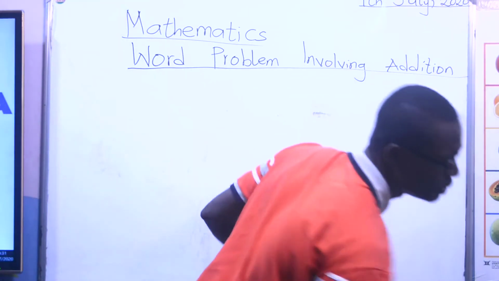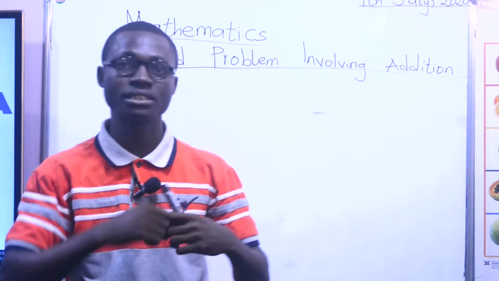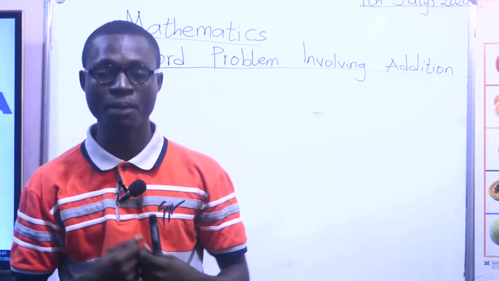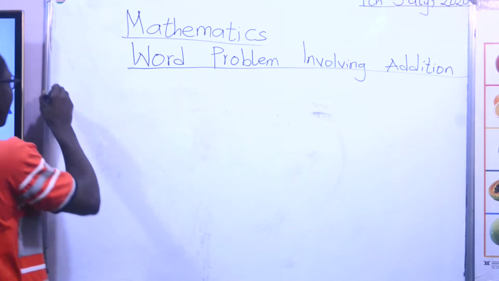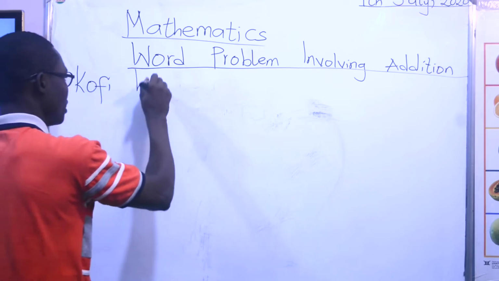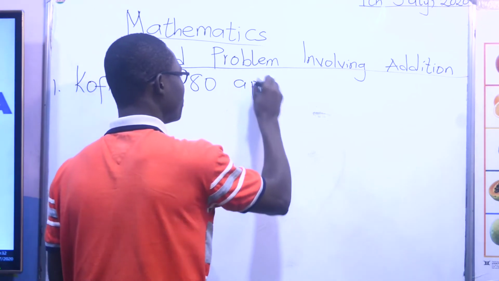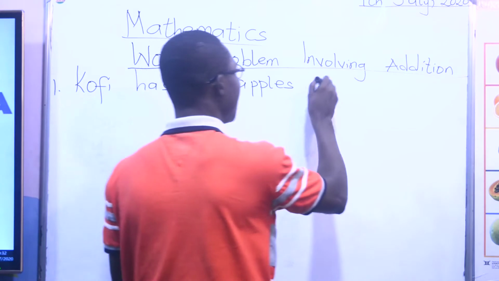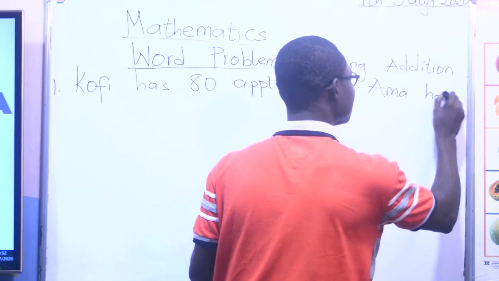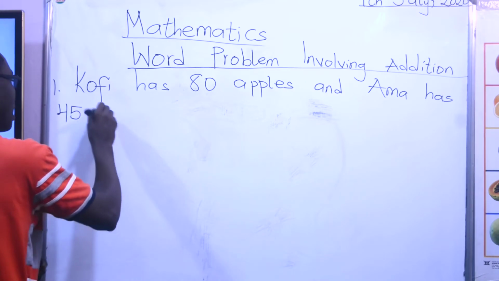Sometimes we can give you two numbers, but they will not give you the numbers just like that. They will write it in a sentence form. First of all, let's look at this example. Example 1: Kofi has 80 apples and Amma has 45 apples.